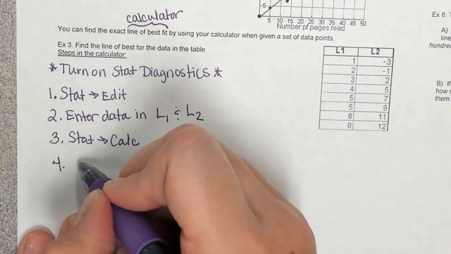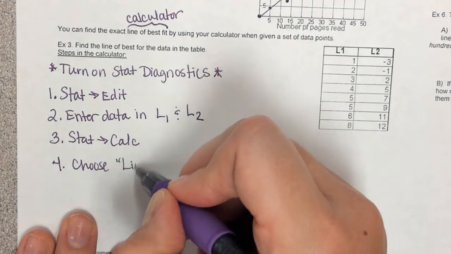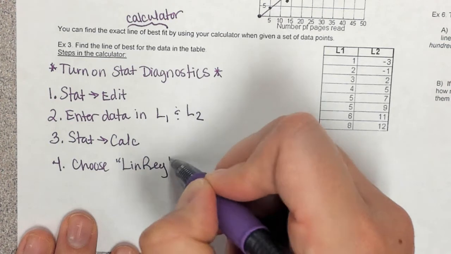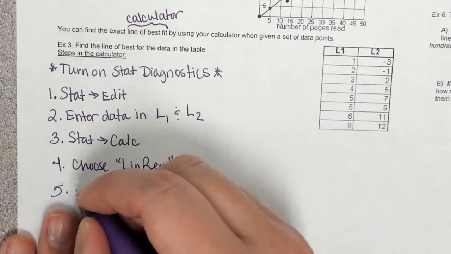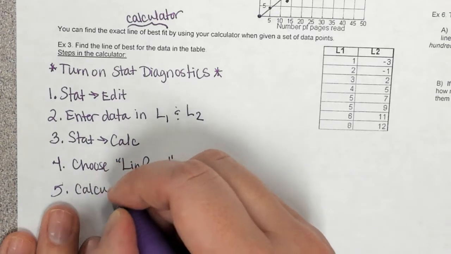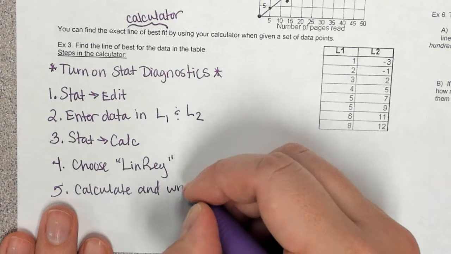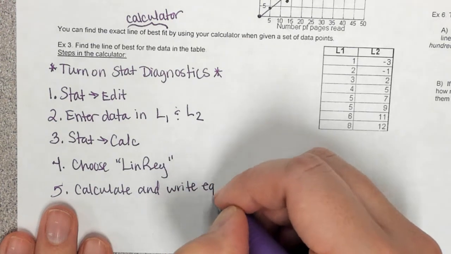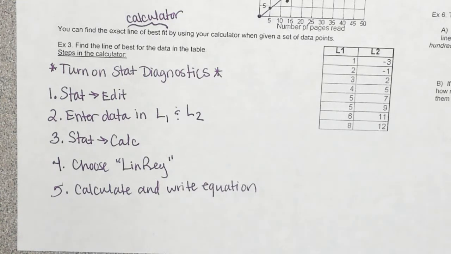Step 4, we're going to choose linreg. Step 5, calculate and write equation. Okay.